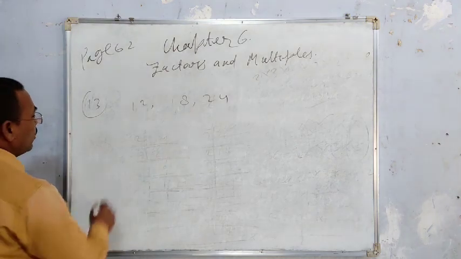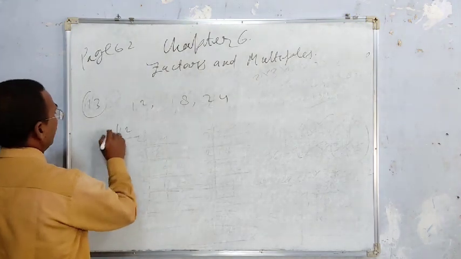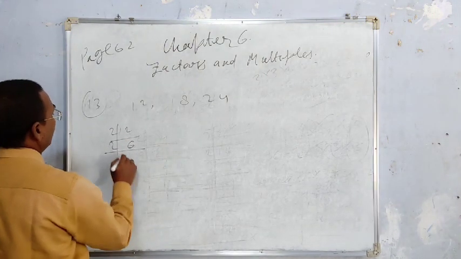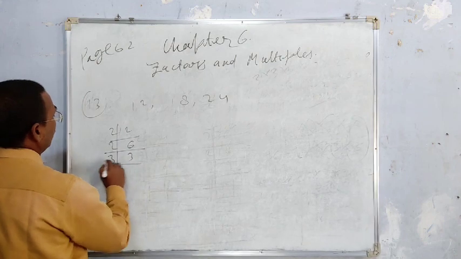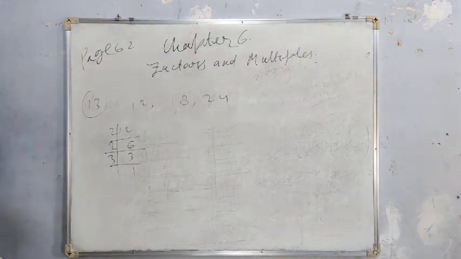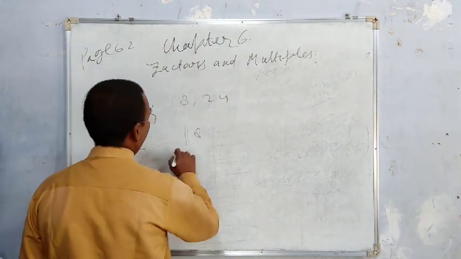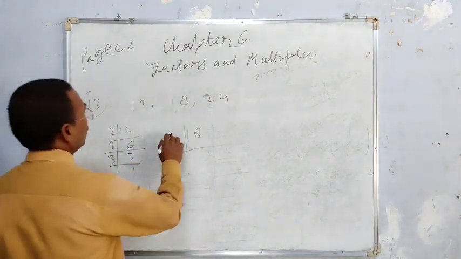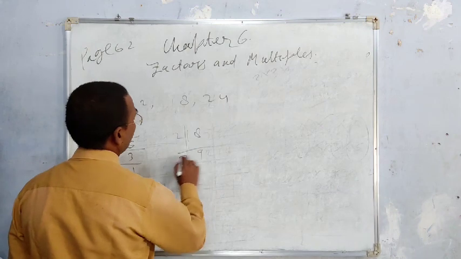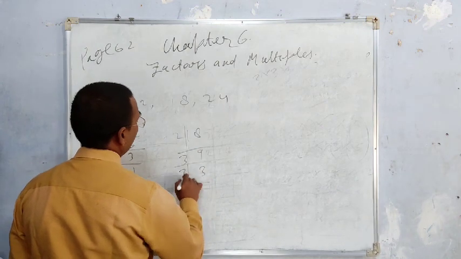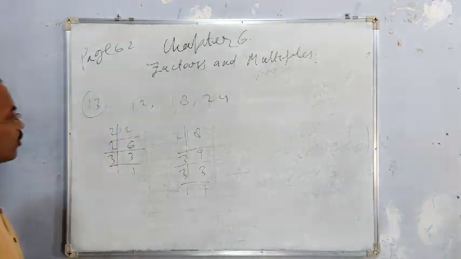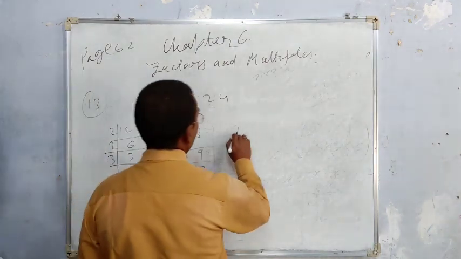So the prime factorization of 12 is 2 into 2 into 3. Now the prime factorization of 18 is 2 into 3 into 3. Prime factorization of 24.